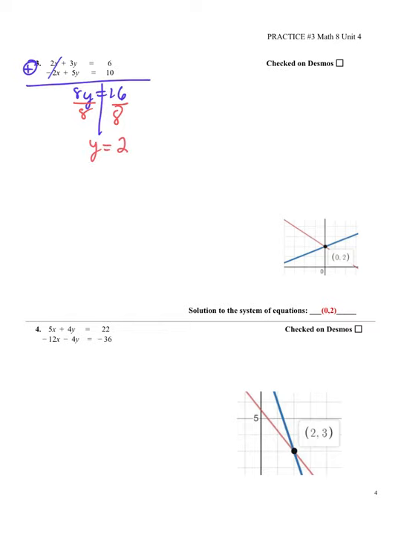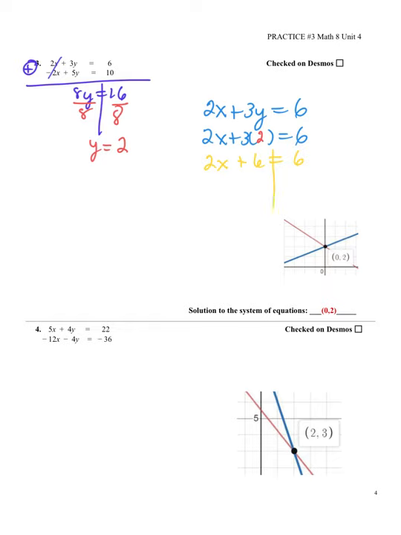Okay. Now again, I'm going to take the top equation because it's positive. I'm going to plug in 2 for y, and this is going to give me 2x plus 6 equals 6.